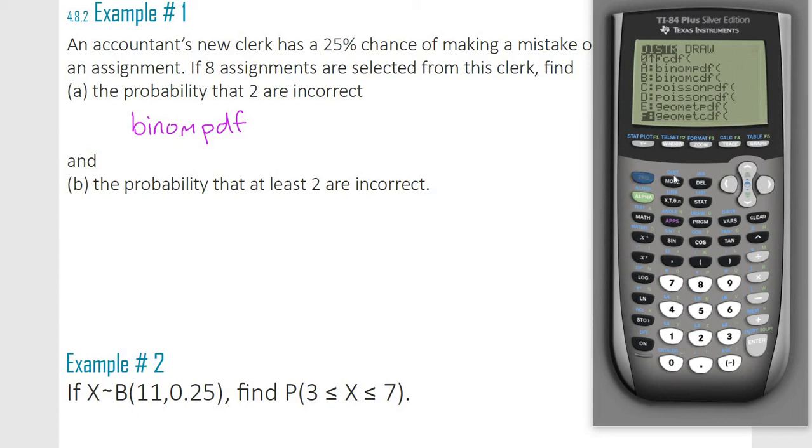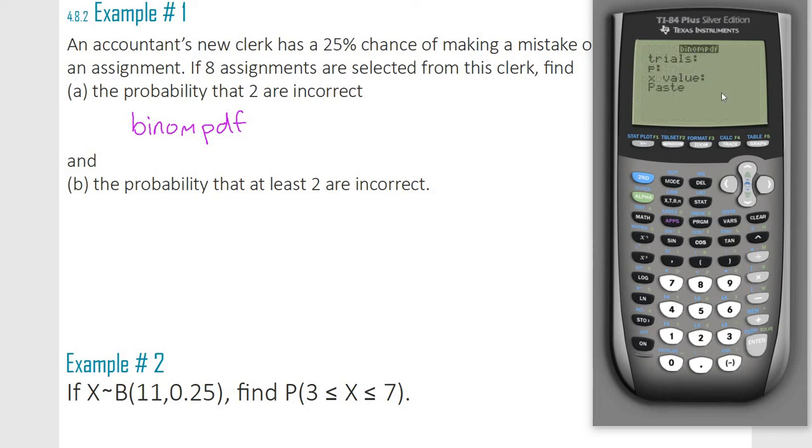Yes, there we go. Sorry, I forgot. So you go to second vars, distribution. You're going to scroll down or scroll up to binomial PDF. Make sure you go to PDF.